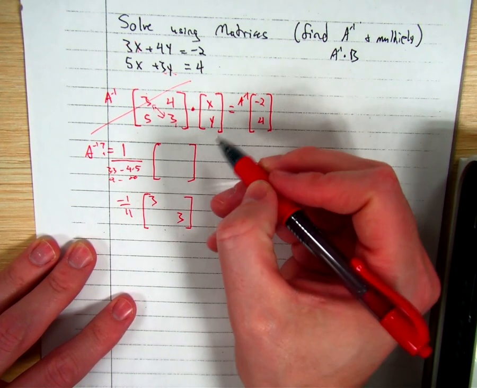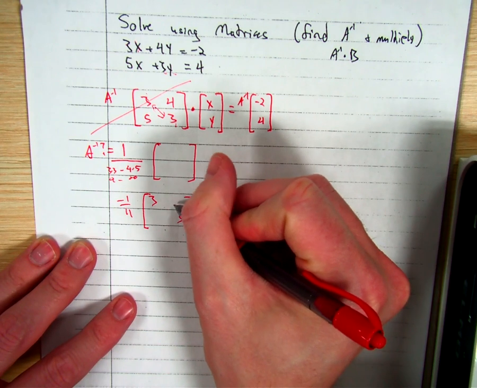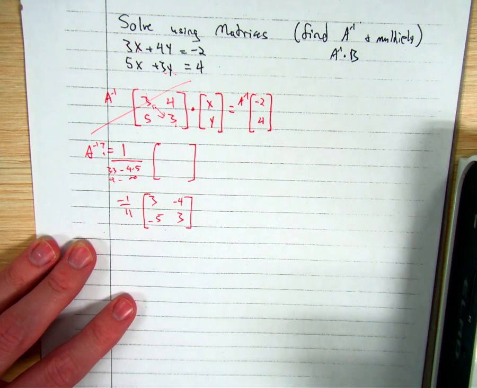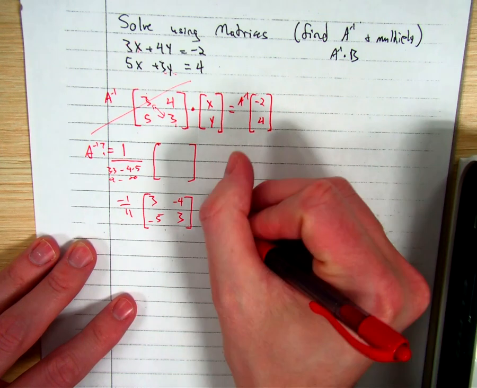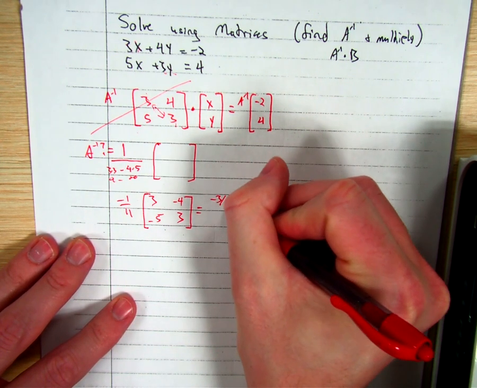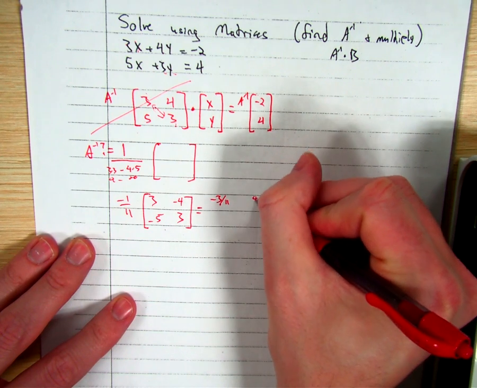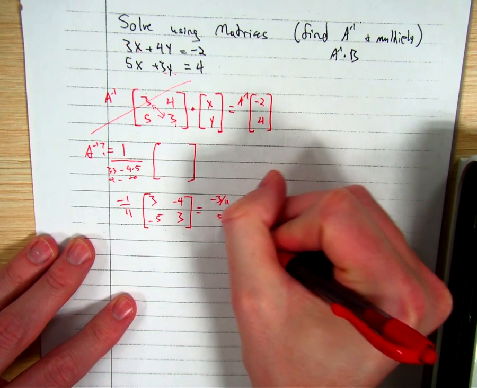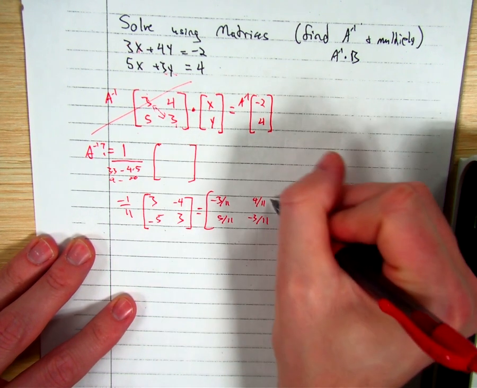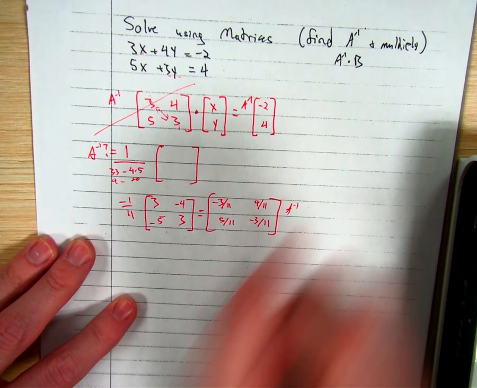So if they were positive, now they're negative. If they were negative, now they're positive. So they were both positive, so now they'll both be negative. Okay? Well, what does that give us? Negative 3/11, positive 4/11, positive 5/11, negative 3/11 for our A inverse.